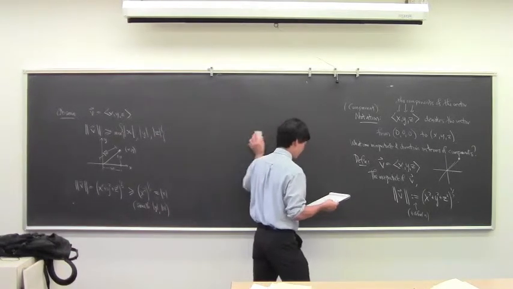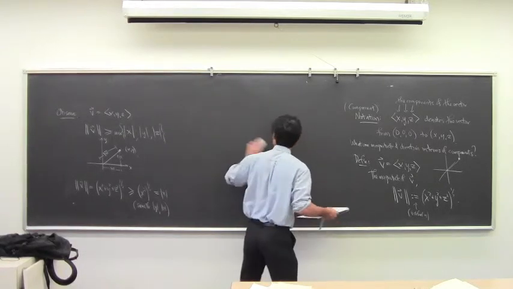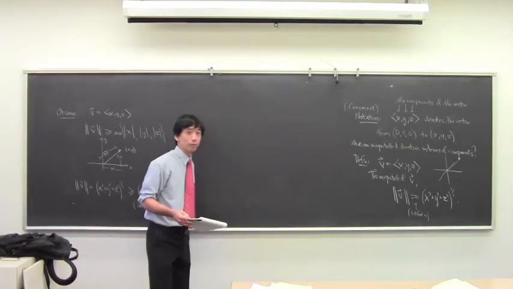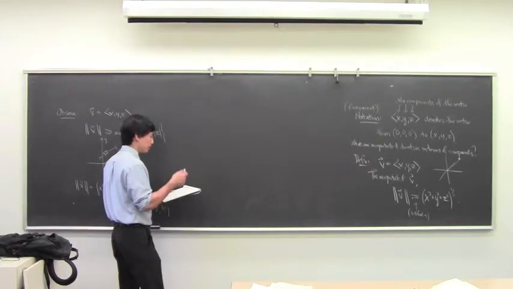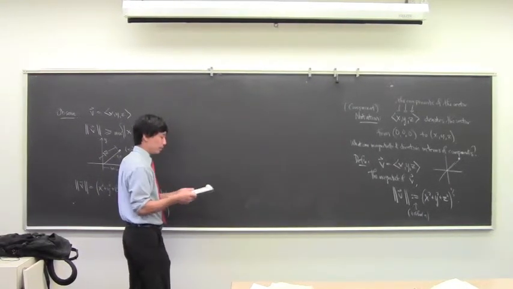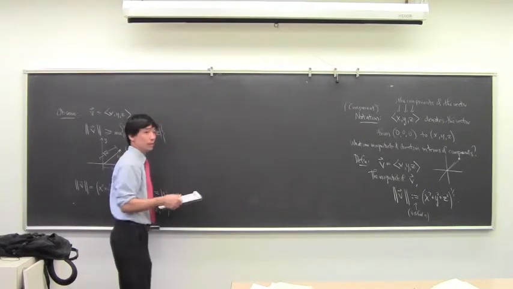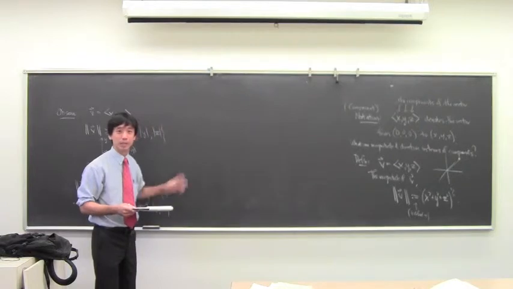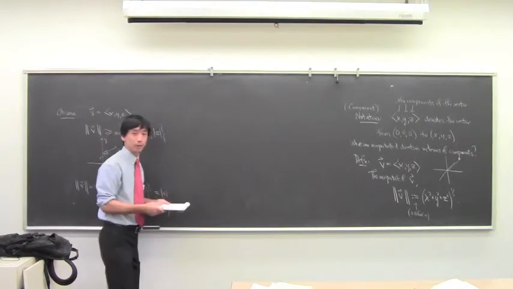So, for us, vectors are basically a replacement for the number system. For vectors, we also want to have some sort of vector arithmetic or vector algebra. Like, how do you add vectors?